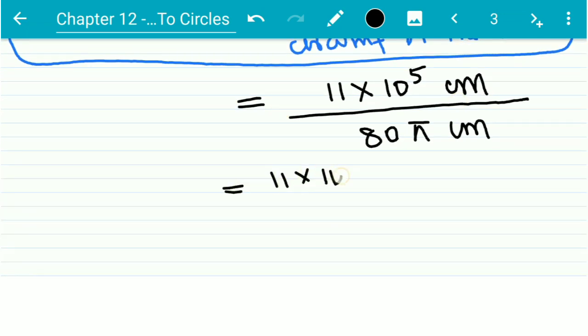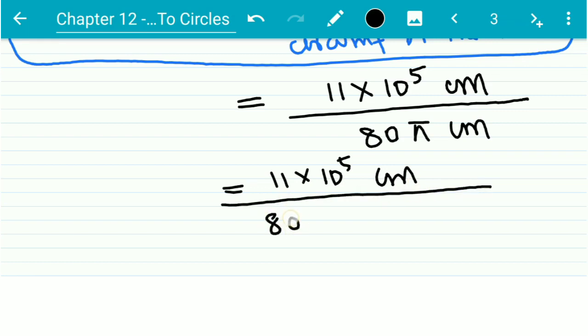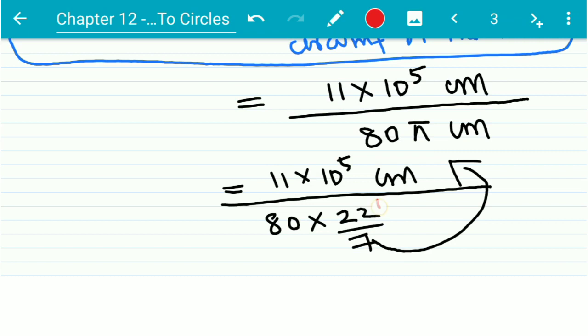Now you can give the value of pi. 11 into 10 raised to 5 centimeter divided by 80 into, what is the value of pi? 22 by 7. So this 7 will go up. Why? Because when you take this fraction to the other side, it will become the reciprocal, so 22 by 7 will become 7 by 22.